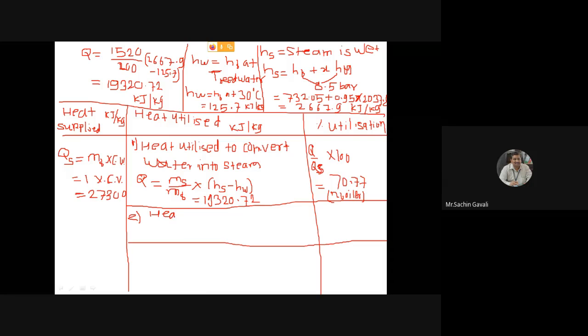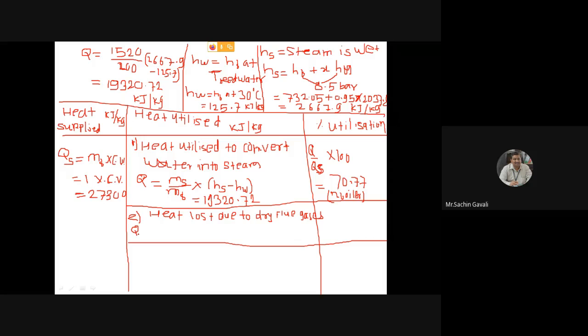Heat loss due to dry flue gases. What is the formula here?